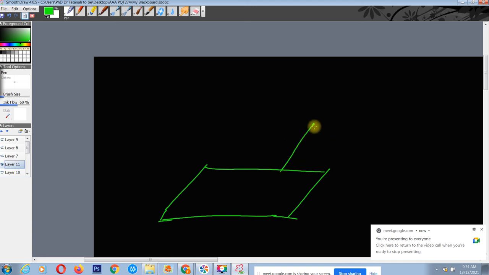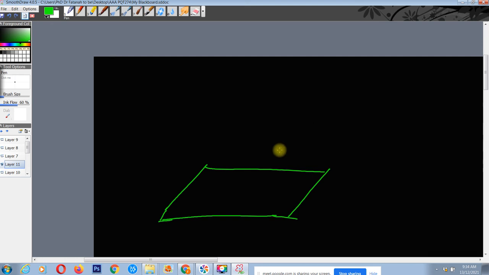How to sketch this? It's quite difficult. Okay, we sketch like this, it's easier.